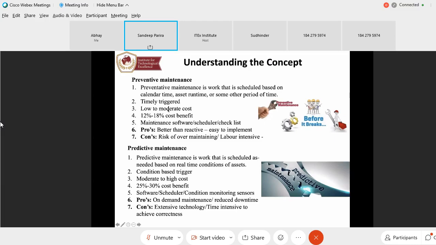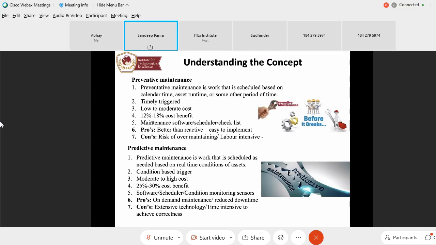Preventive maintenance is low to moderate cost for implementation, because it's time based and a very easy, simple case. Predictive maintenance can go to moderate to high cost, based on the situation and what conditions we have to monitor. From a cost benefit perspective, preventive maintenance can give up to 12 to 18% cost reduction.